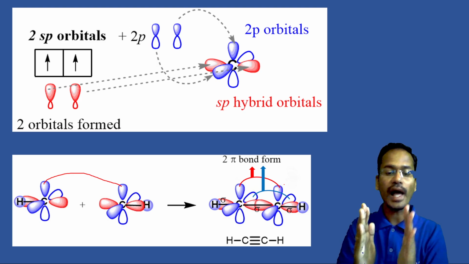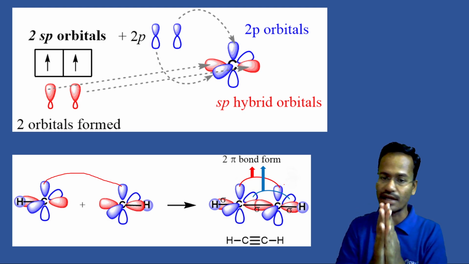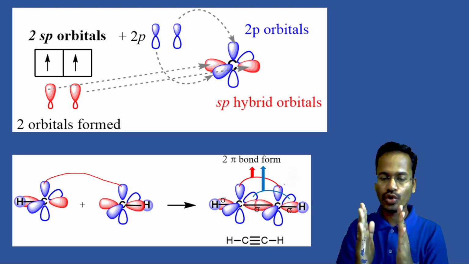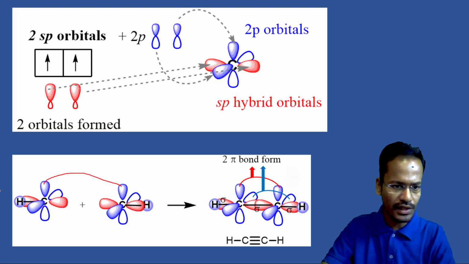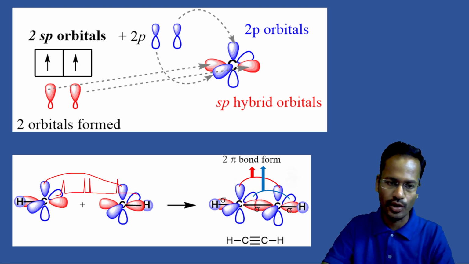Those won't be having any physical interaction. Directly, those won't be in touch. Those are called side-by-side overlapping, and that is the reason why those are called pi bonds. Two such bonds are going to be formed. One is from this orbital to this orbital, and another one is from this orbital to this orbital.